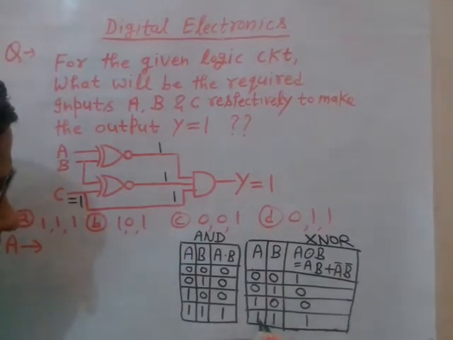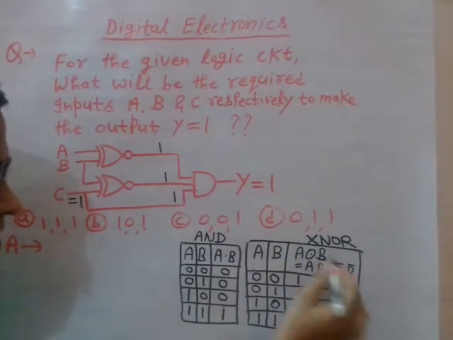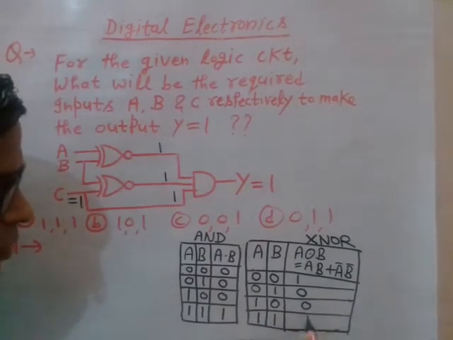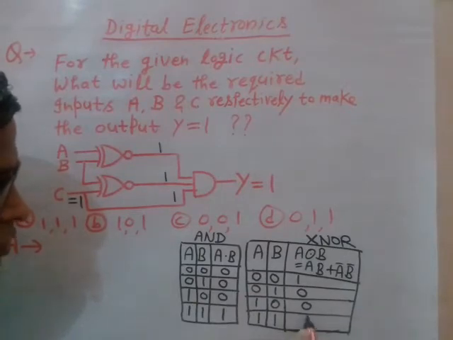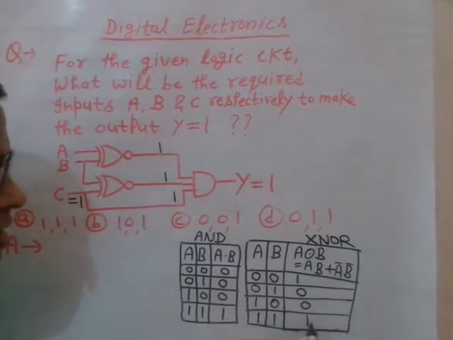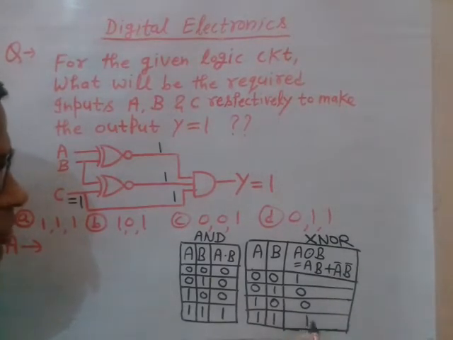See here, A and B are the inputs of the XNOR gate. If both inputs are 1 and 1, then only you will get the output of the XNOR gate equal to 1. So if one input is 1, the other input has to be 1 in order to get 1 from the XNOR gate.